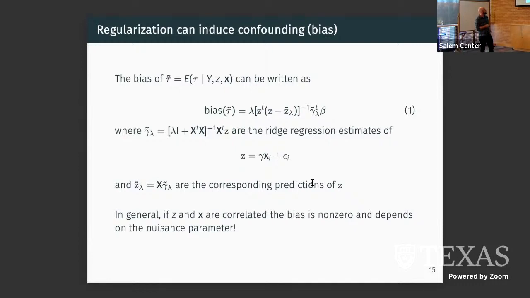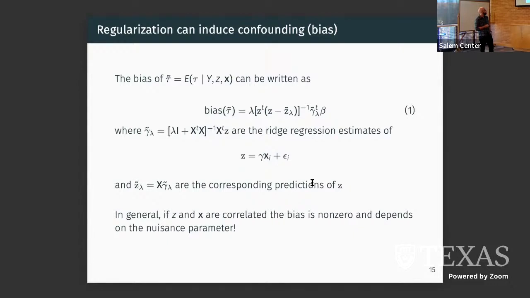Okay. So if we think about trying to estimate Z using a ridge regression, linear in this linear model here, we would have estimates, gamma tilde lambda, and predictions, Z tilde lambda. Okay. So that's this term out front here.